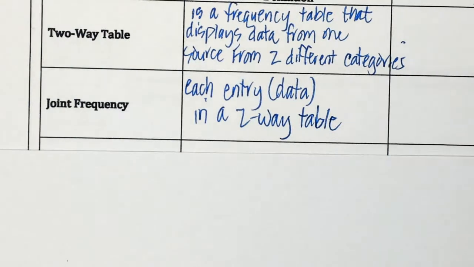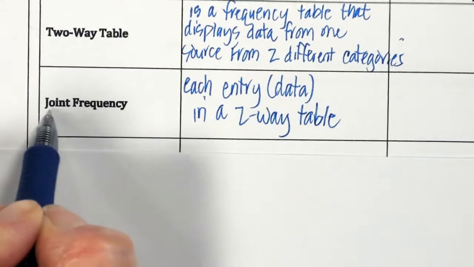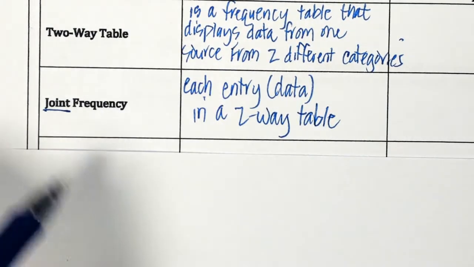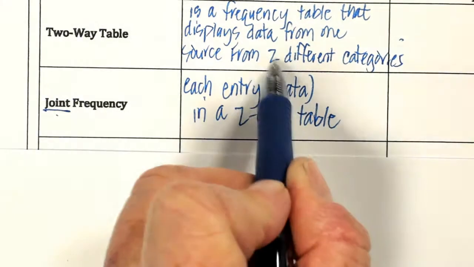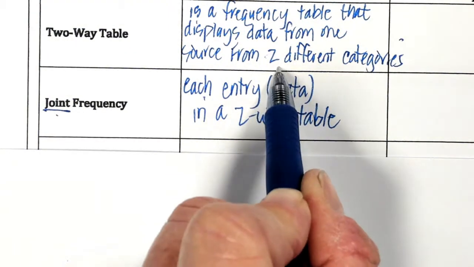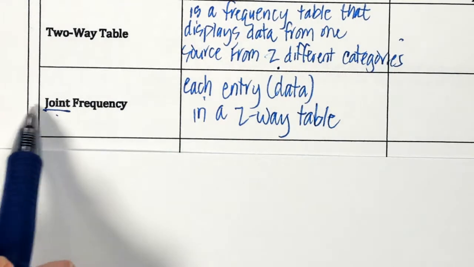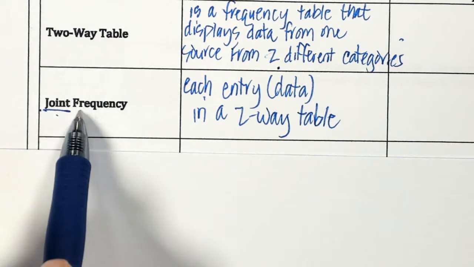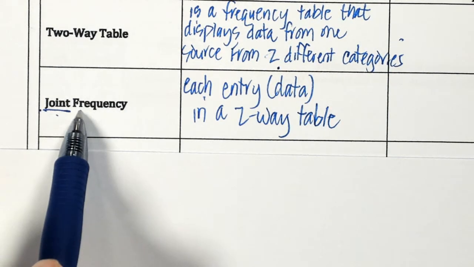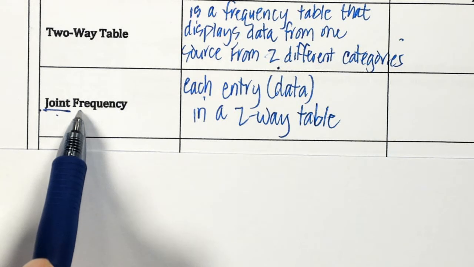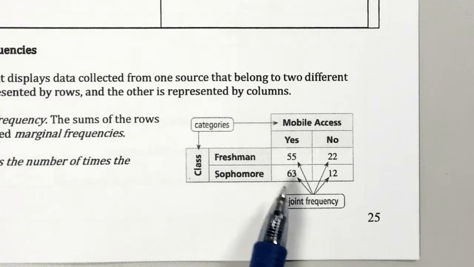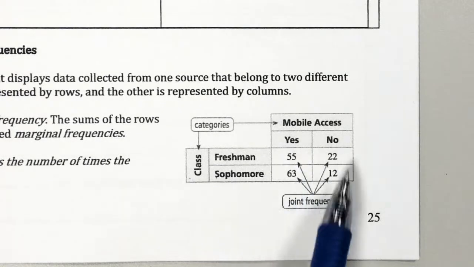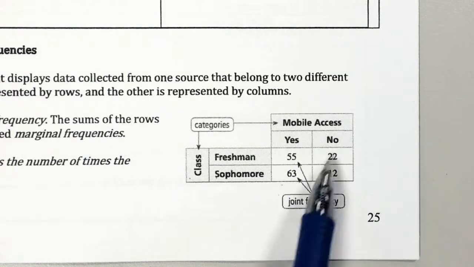I want to point out the word joint. Joint, because that is my two different categories. It's the data that I'm joining together. The frequency is simply how many times I saw, or counted, something. So looking at my table again, here are my joint frequencies. They're all the data values that make up the table.